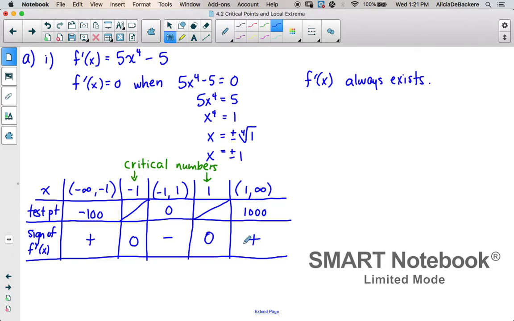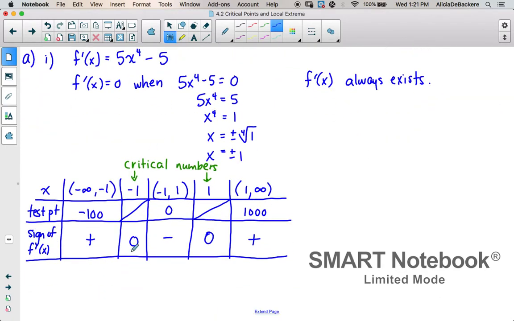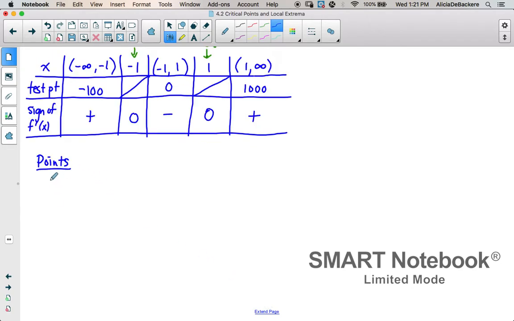This question, though, did ask me for the critical points. So that means I do have to find the y values at each one of those critical numbers. So I'm going to find the y values since they asked for points. If they just asked for critical numbers, I would move on and just write my therefore statement. When I find the y values, or the point, I need to plug each of these critical numbers into the original equation.